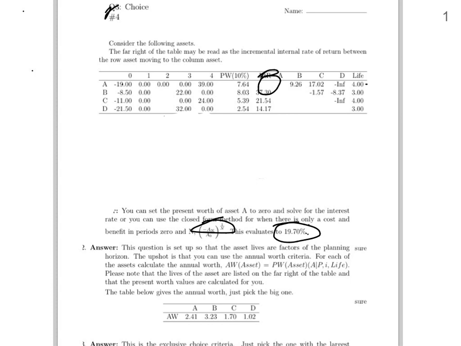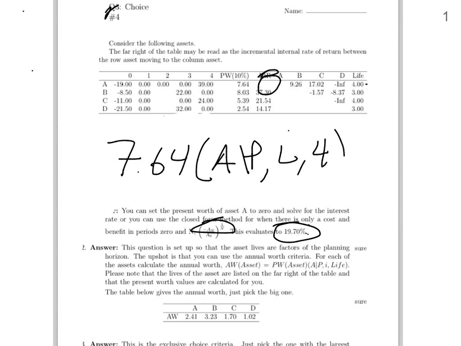For example, we can take asset A, which has a present worth of $7.64. Then you stretch it out over the life of the asset. So we're looking for A, we know P, that's the stretching out part. Keep that 10% interest rate, and then stretch it out over the life of the asset, 4 years. Not 12, but actually how long the asset lasts.